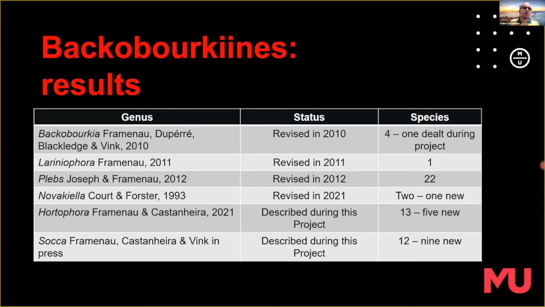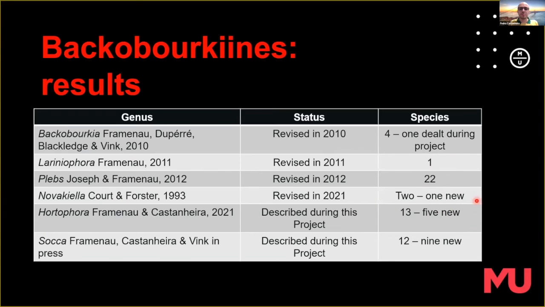So far, the Backobourkiines have 6 revised genera. 3 of them we did during 2021, and the last 2, Orthoptera and Socca, were described this year. Before the beginning of this work, we had 4 species for Backobourkia, 1 for Larinioides, and 22 for Plebs.